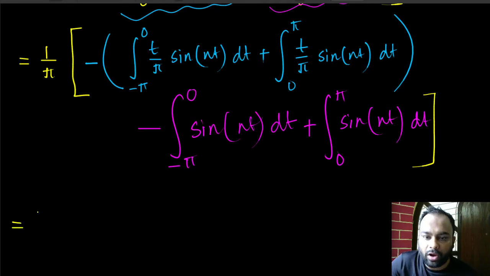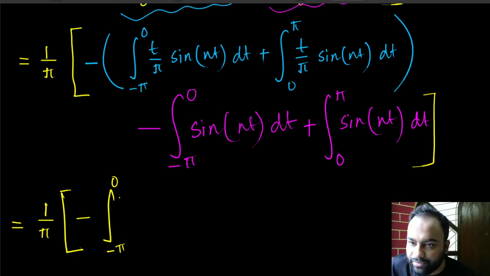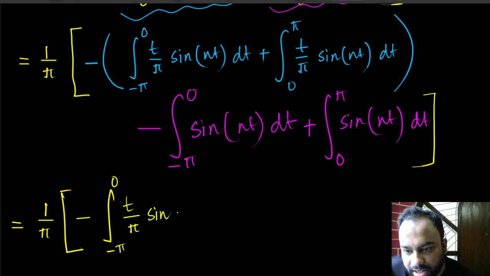So here, of course, we have 1 by pi, and we have this integration from minus. Now we have minus sign outside, and these two integrations can be coupled up. So I have from minus pi to 0, and then 0 to pi, t by pi sine nt dt.